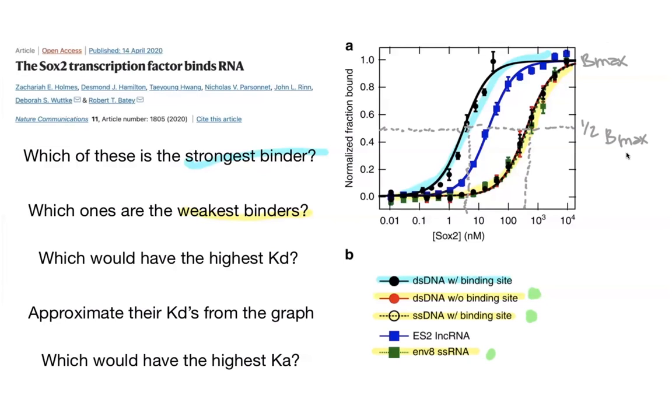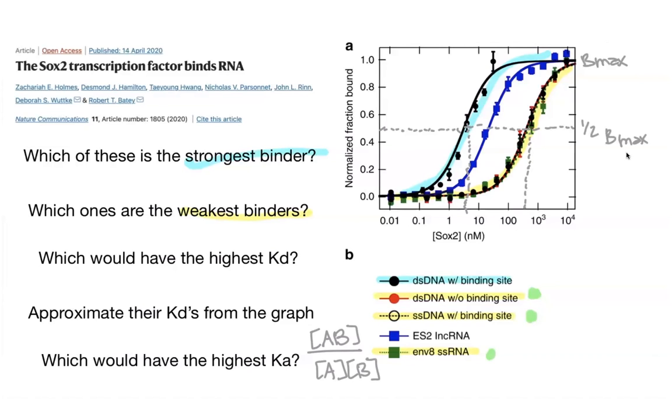Okay, so which would have the highest Ka? Let's think about this. Remember that Kd is the inverse of the Ka. Ka is going to be the binding affinity. So basically what this means is that if you have a higher Ka, that means more of it is going to be bound. So remember, Ka we can write as the concentration of AB over the concentration of A times B. If you have more of it married, this is going to be a larger number.